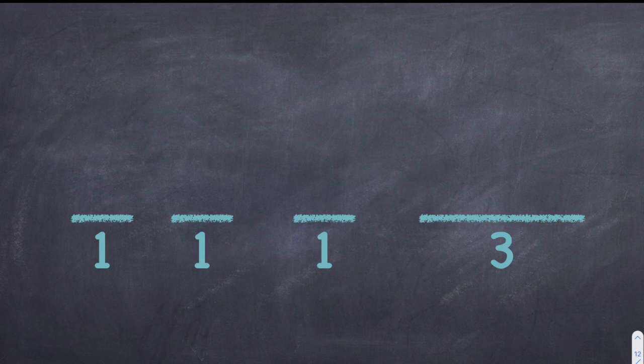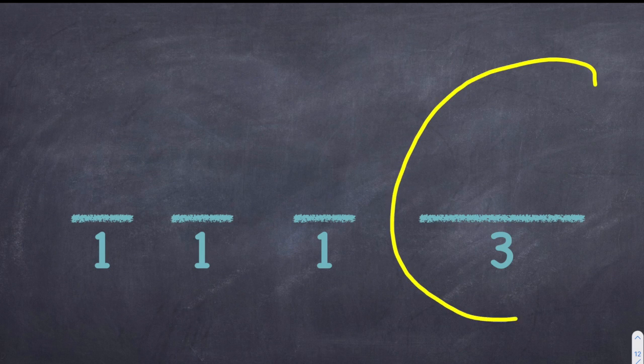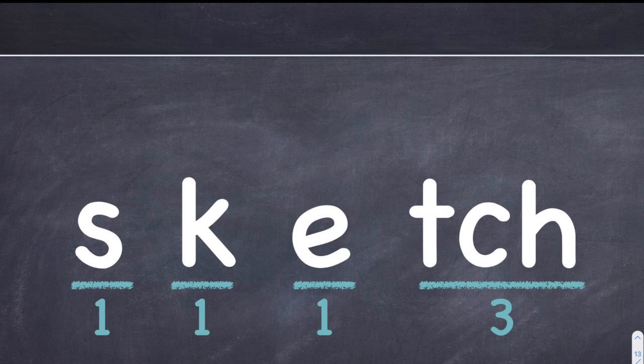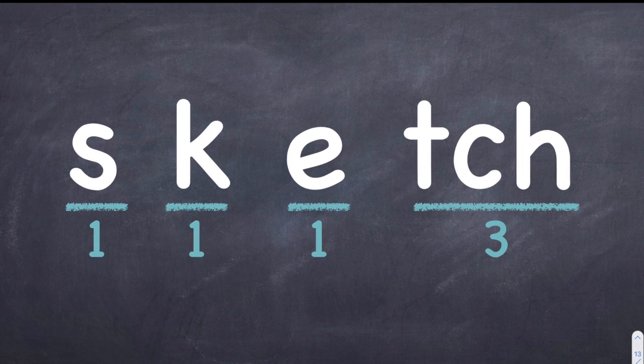This last sound here at the end with the 3, this one right here, that's a CH. Okay. You know how to spell the 2-letter CH. So go ahead and spell the 2-letter CH first. How do you turn it from a 2-letter CH into a 3-letter CH? What do you need to add? If this is what you came up with, excellent job.